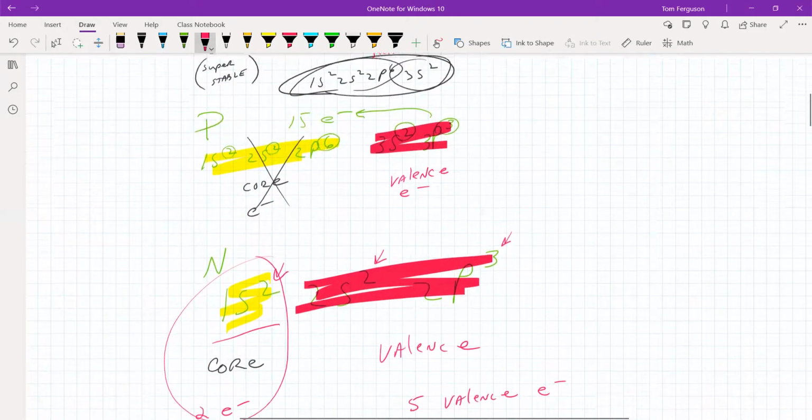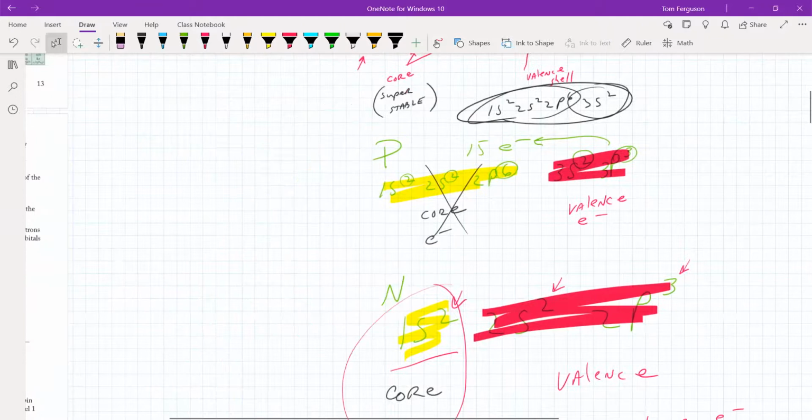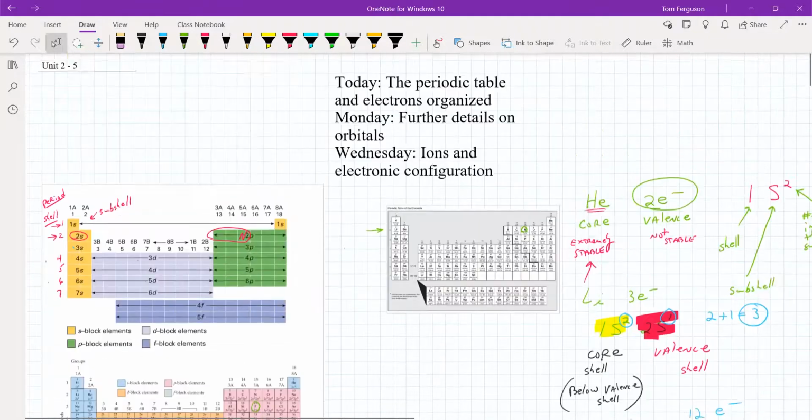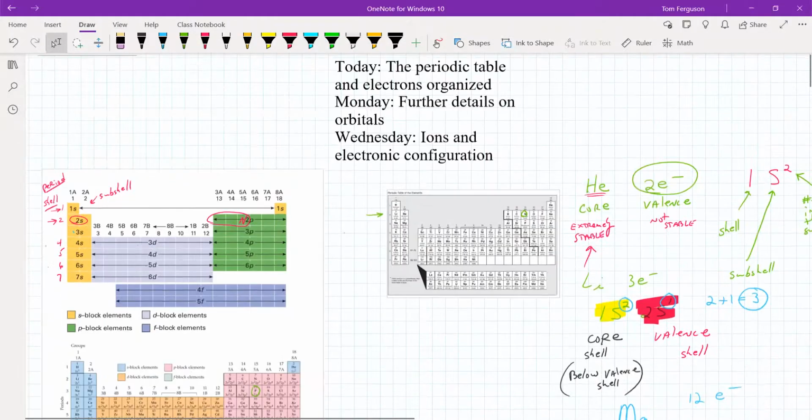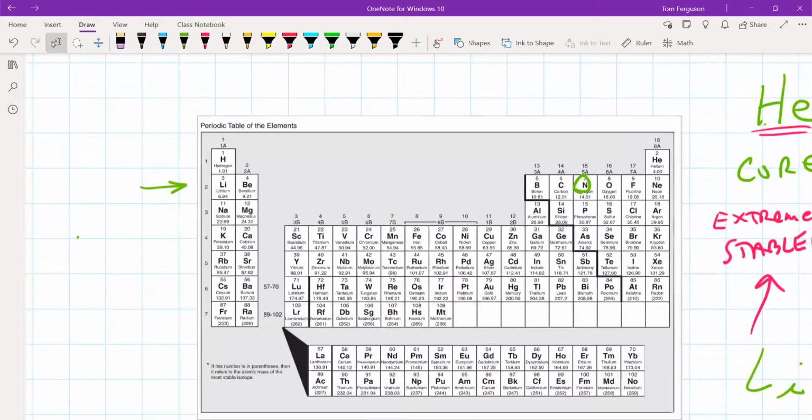Okay, now remember when we talked about the periodic table, and I said groups in the periodic table, and I mentioned this on Tuesday, but the periodic table is organized two-dimensionally so that the vertical columns have chemistry that is extremely similar.